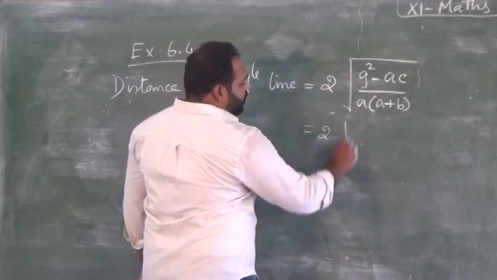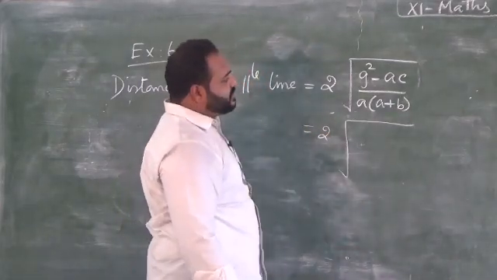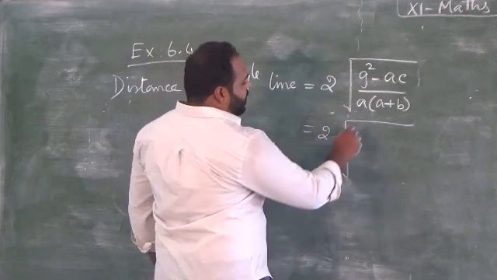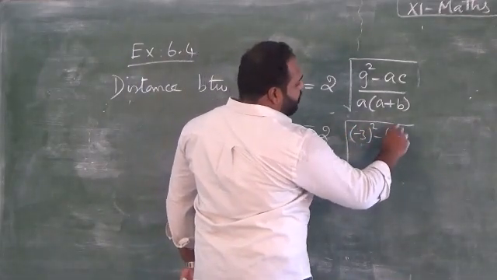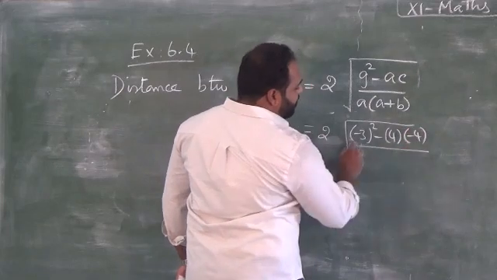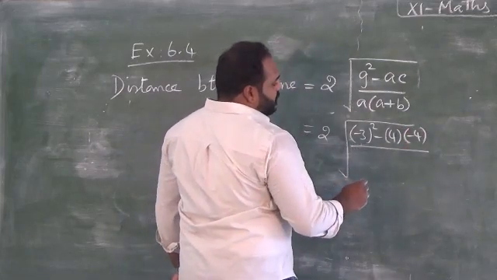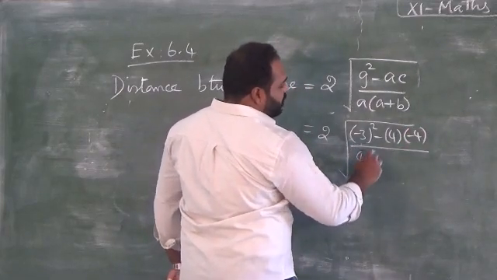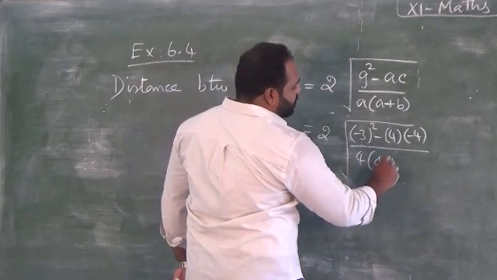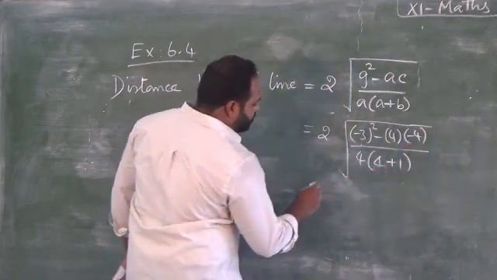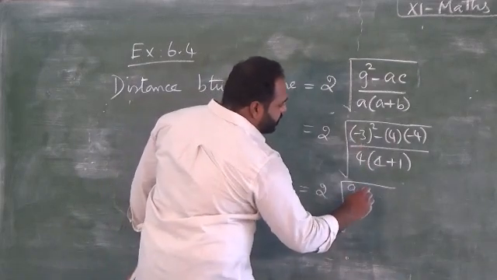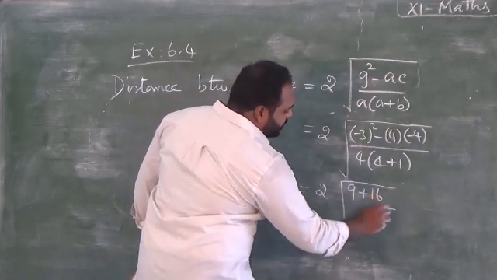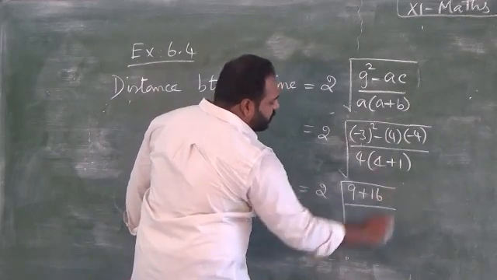Here 2 into, apply the values here. g square is 3 square minus 3 whole square, a value is 4 into minus 4 divided by a value is 4 into 4 plus 1. 2 square root of 9 plus 16 by 4.